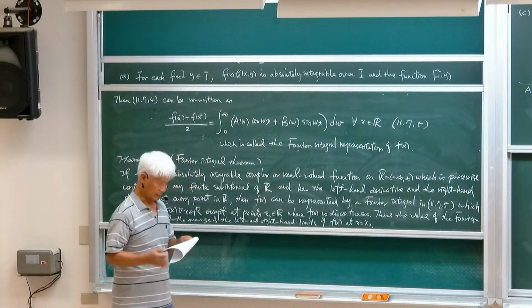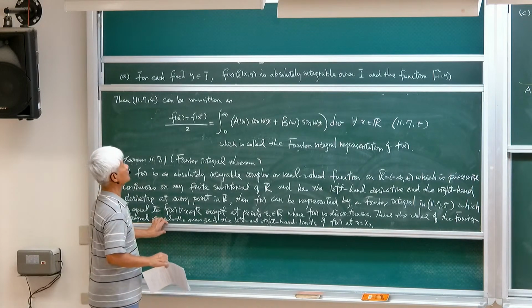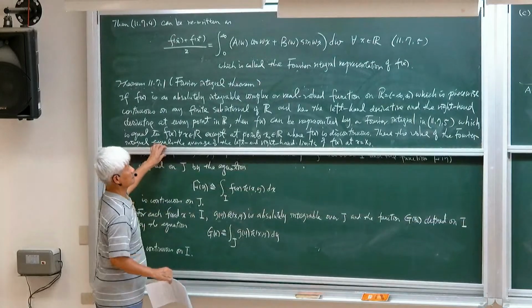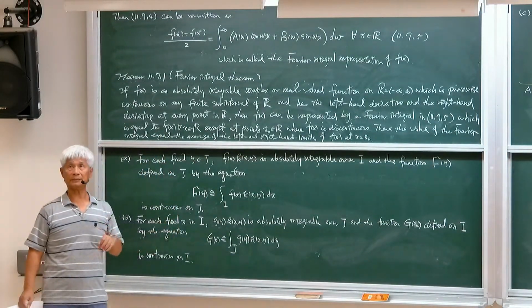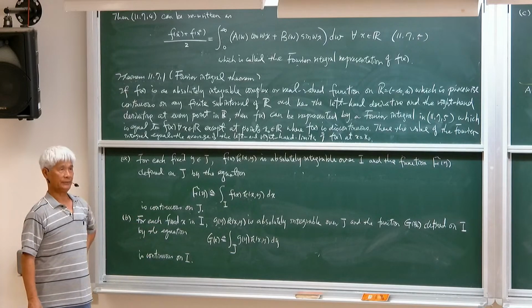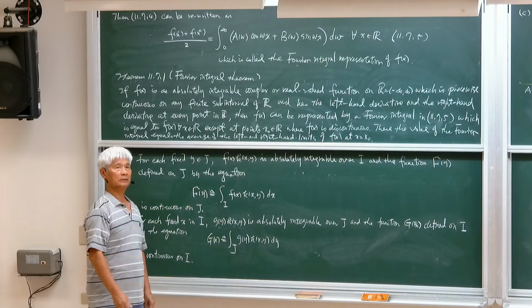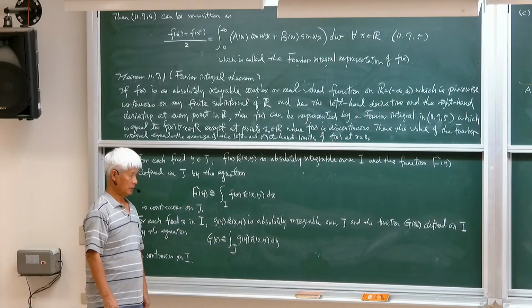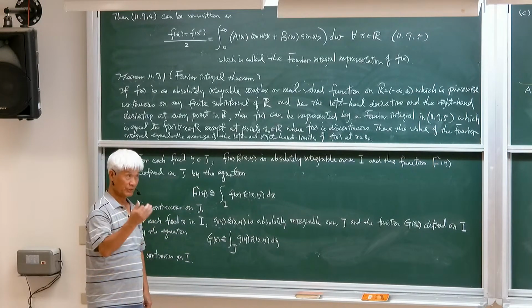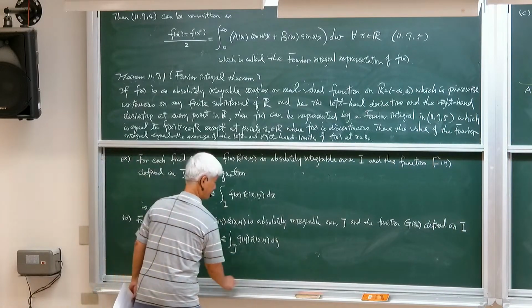So this is the Fourier integral theorem. This is the main theorem in this section, and we give a rigorous proof for that. So how did we reach this representation theorem?